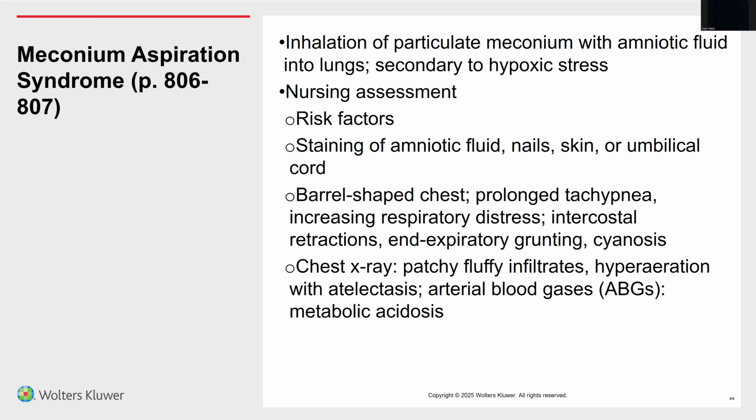These little ones are going to have a barrel-shaped chest, prolonged tachypnea, increased respiratory distress, intercostal retractions, expiratory grunting and cyanosis. Their chest x-ray is going to show that patchy, fluffy infiltrate and hyperaeration with atelectasis. We're going to be getting arterial blood gases on this baby and checking for metabolic acidosis.